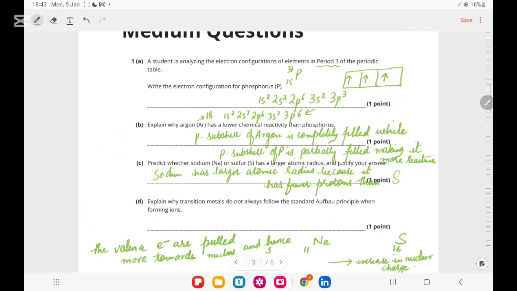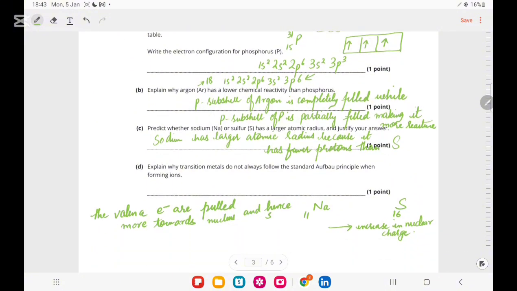Why transition metals? Explain why transition metals do not always follow the standard Aufbau principle. What is the reason? Because transition metals often lose the s electron when they want to form an ion.